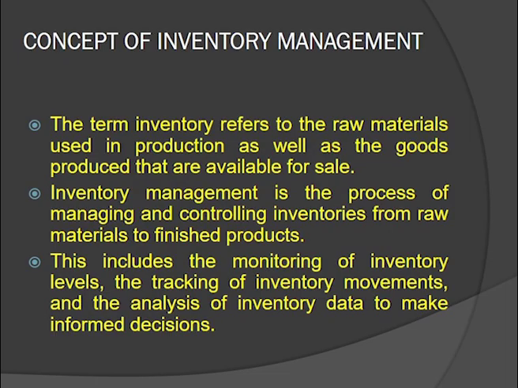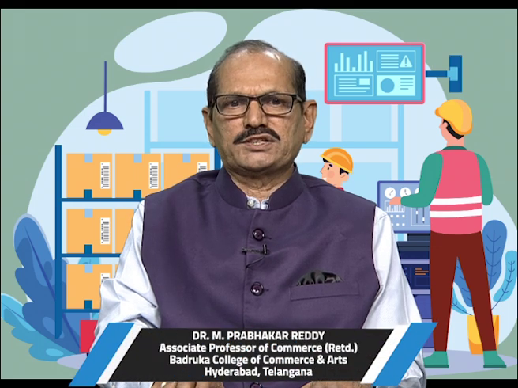The inventory in software industries is the software licenses, then intellectual property and also digital assets. Now, we are going to focus on the inventory management, especially in manufacturing industries.